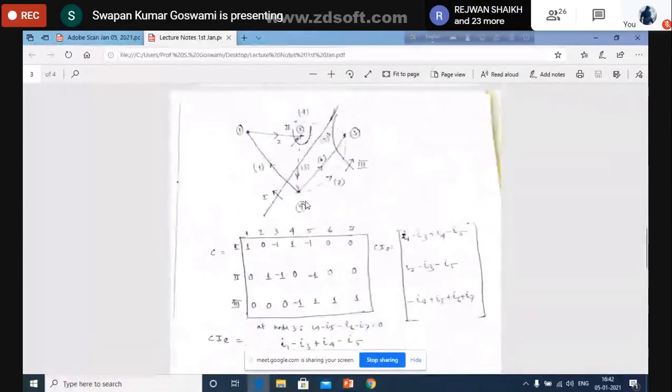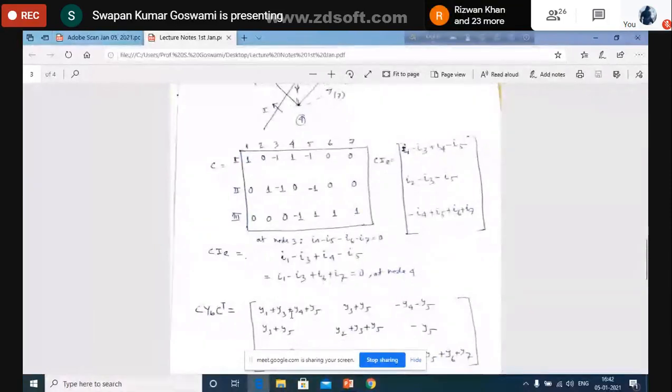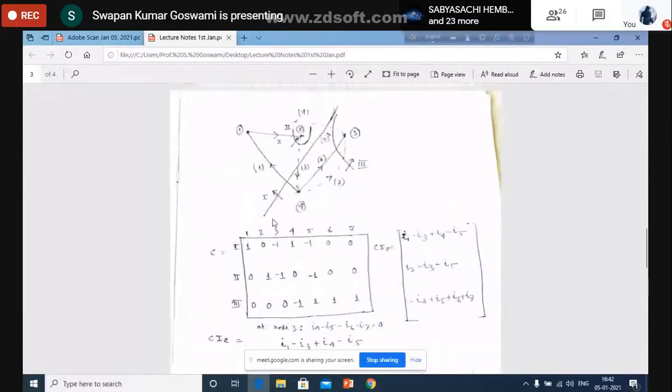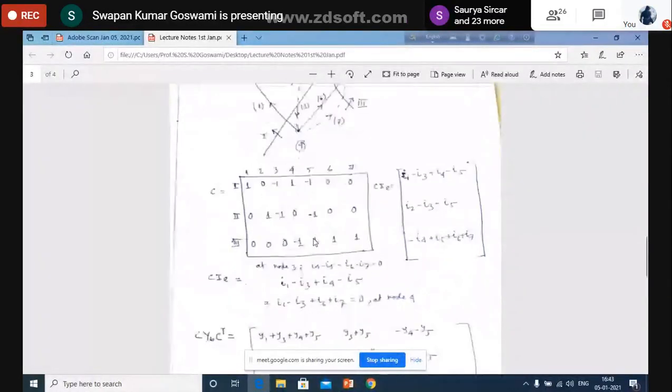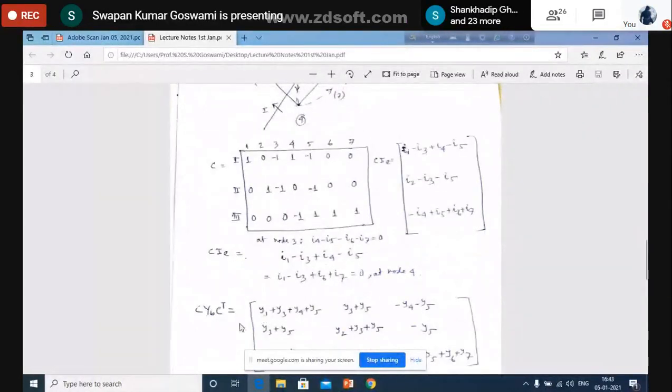You see that the diagonal elements of this matrix are the summation of the admittances of the Kirchhoff. So the first Kirchhoff has 1, 3, 5, 4, these 4 elements, and the self admittance of Kirchhoff 1 is y1 plus y3 plus y4 plus y5. So it is the sum of the admittances of the elements of the basic Kirchhoff.